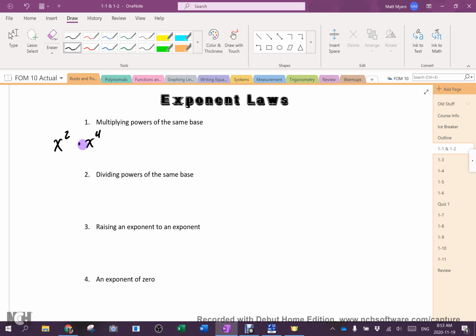Everybody cool? So what is actually happening here is, what is that really? X times x, yes? Times, what is that really? X times x. X times x times x times x, right? Multiply, multiply, multiply, multiply, multiply. Have I repeated my multiplication? Yeah. So that becomes x to the 6th, right?